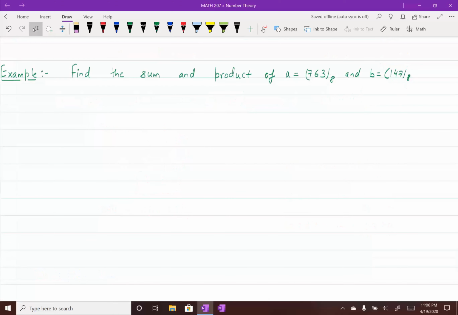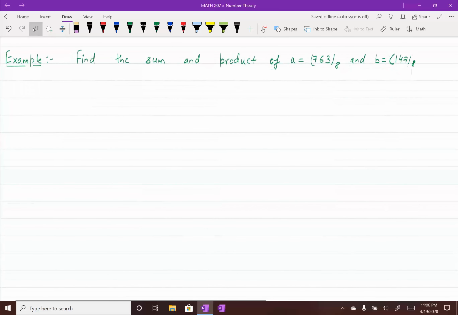In our previous example we learned how to find the sum of two binary expansions. Let's look at another example, and this time we want the sum and product of the octal expansions with respect to the base 8. So a here is 763 with the base 8 and b here is 147 with the base 8, and you want to add these two octal expansions, a plus b.